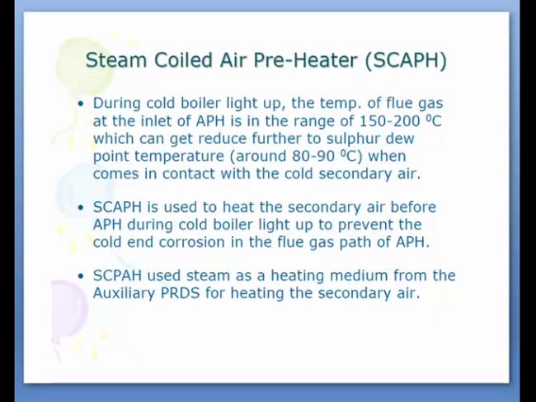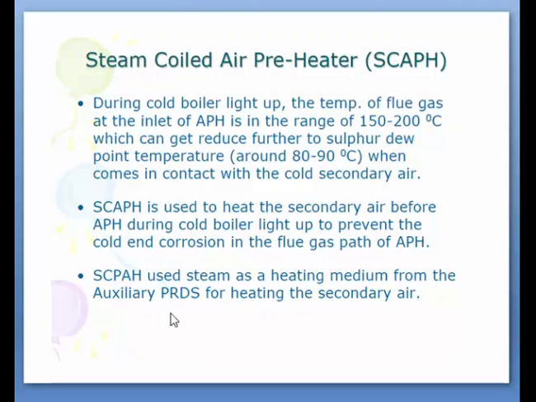Because of that, sulfuric acid may form, which can cause cold end corrosion. To prevent this, in cold starting of the boiler, we are using the steam coiled air preheater, for which the heating medium comes from the auxiliary PRDS.